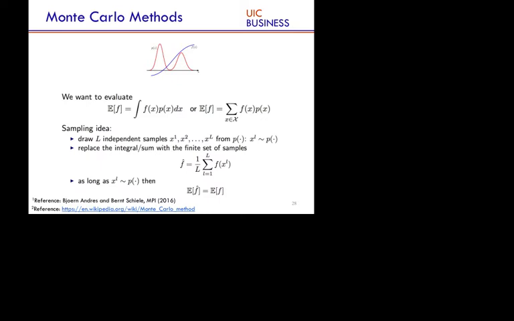You wanted to evaluate the expectation of f, you got f hat. You're happy with that, in the sense that it's actually a consistent estimator. The expectation of f hat is actually the expectation of f. There are some other nice properties, but what I'm saying is this is the approximation, and it crucially relies on drawing L independent samples.